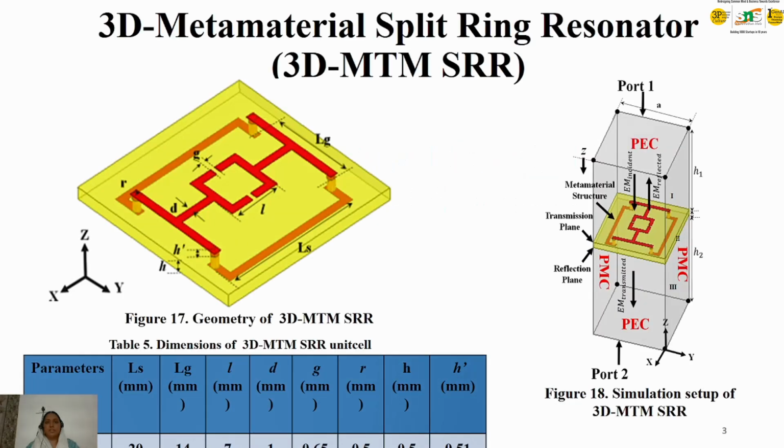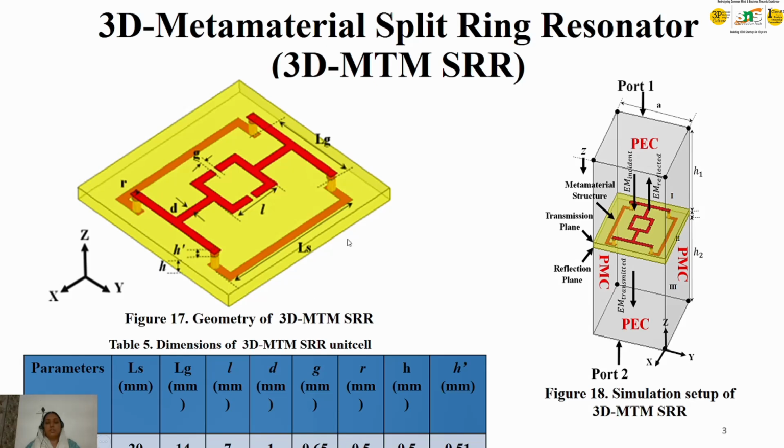Here you can see the 3D metamaterial splitting resonator, a 3D structure printed on both the bottom and the top side of a substrate. For example, on the bottom side there is a square bracket structure, and on top of the substrate there is an air gap and a dual splitting structure.